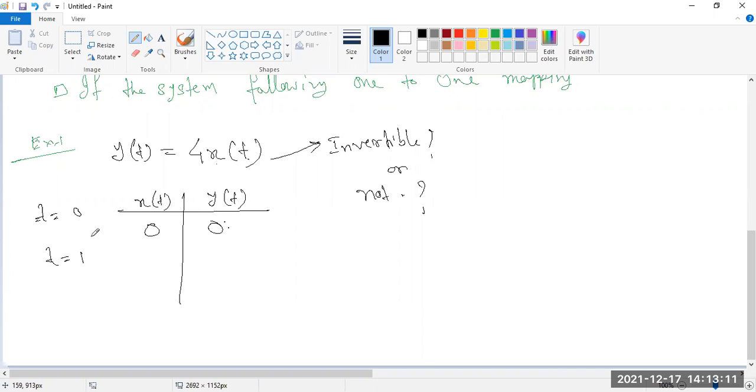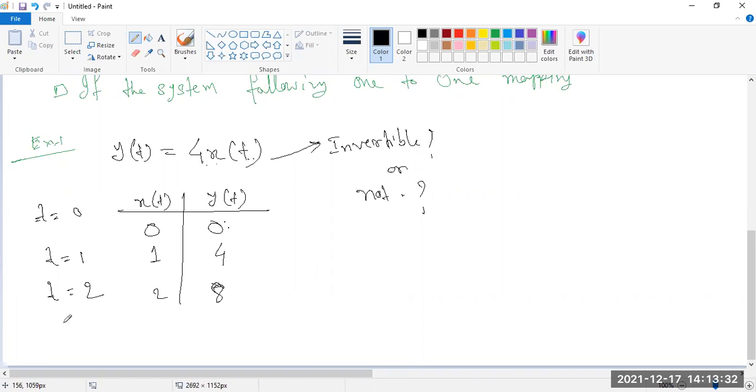If t equal to 1, then x of t equals 1, and 1 into 4 gives 4. If t equal to 2, then x is 2, and 2 into 4 is 8.